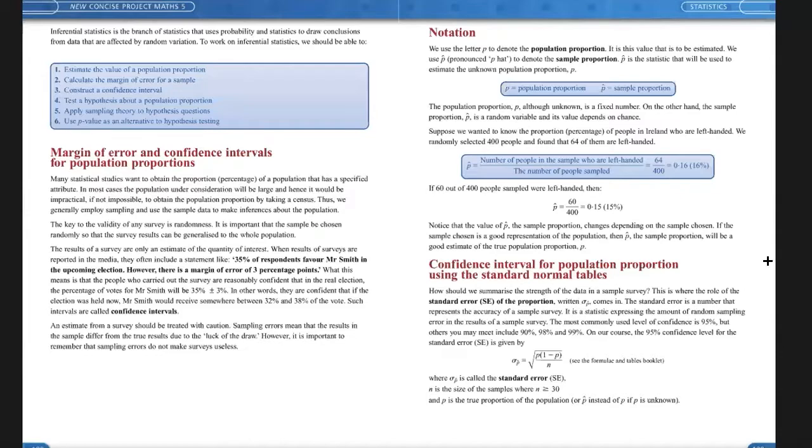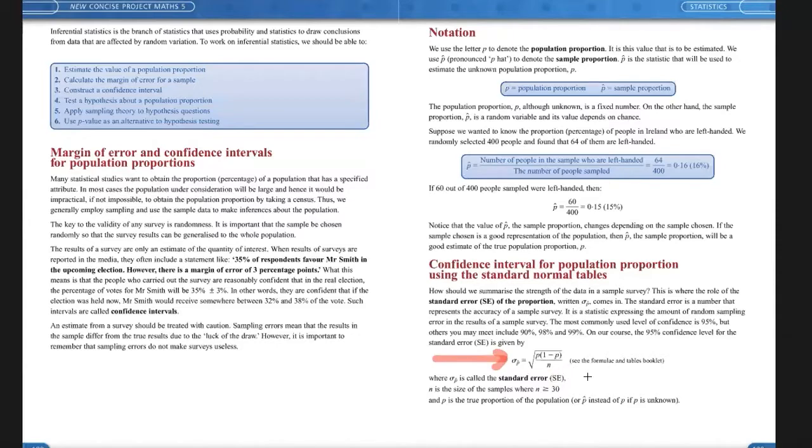As part of the Leaving Cert, they then introduced the sigma p formula, which also sets up a margin of error as well. It's also called the standard error of the mean. And you can see I've just pointed to it here.